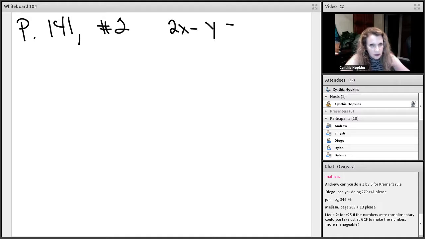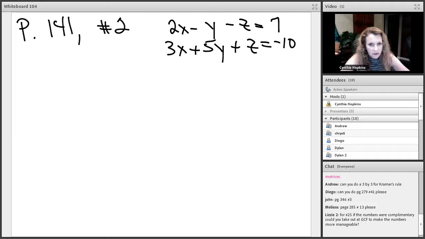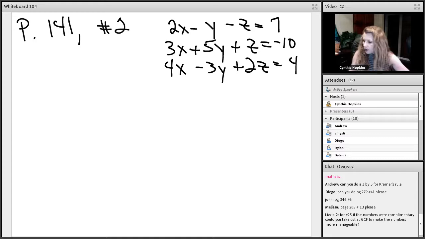So it's 2x minus y minus z equals 7, and 3x plus 5y plus z equals -10. And then we have 4x minus 3y plus 2z equals 4.